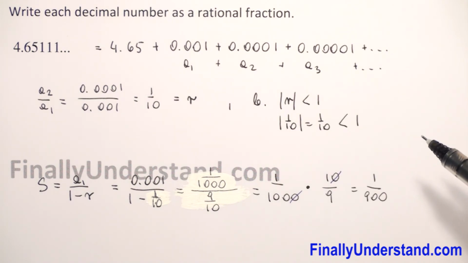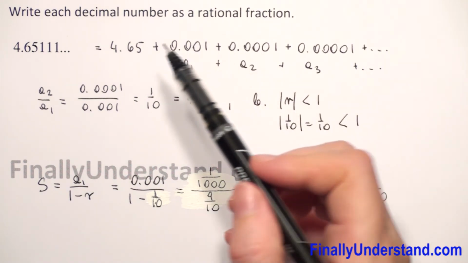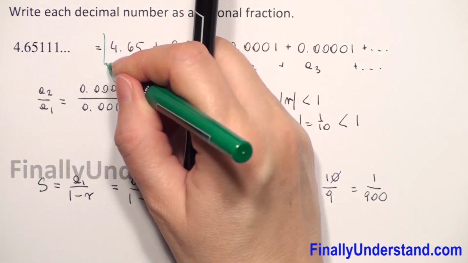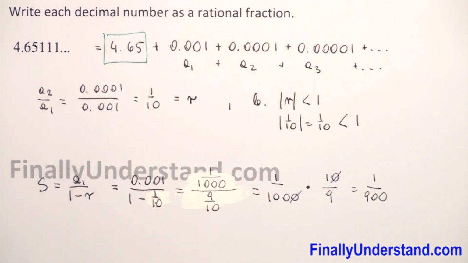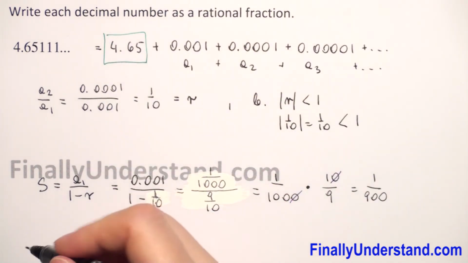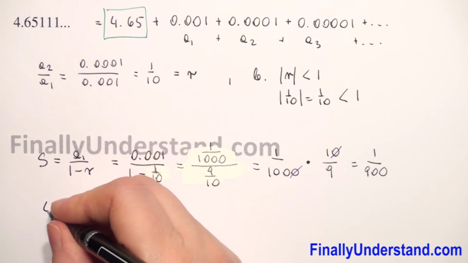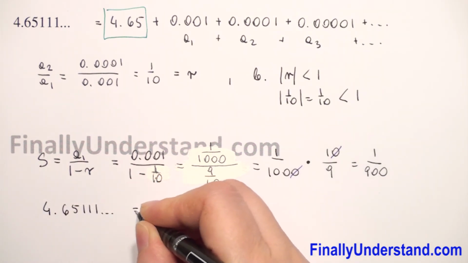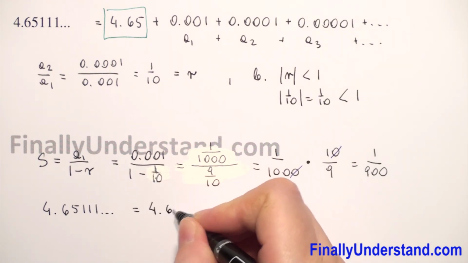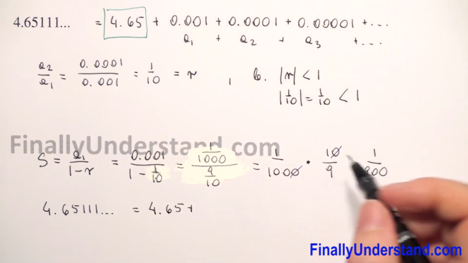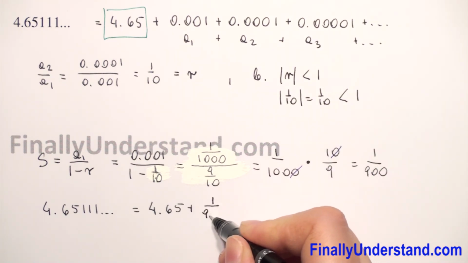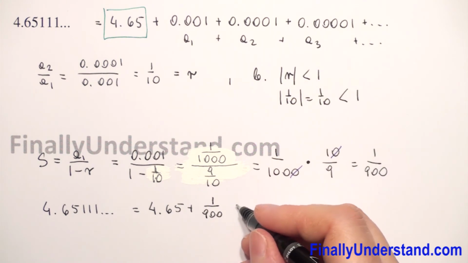So now, to find the total, we cannot forget about this first decimal number. So we can write 4.651 and so on is equal to 4.65 plus 1/900.